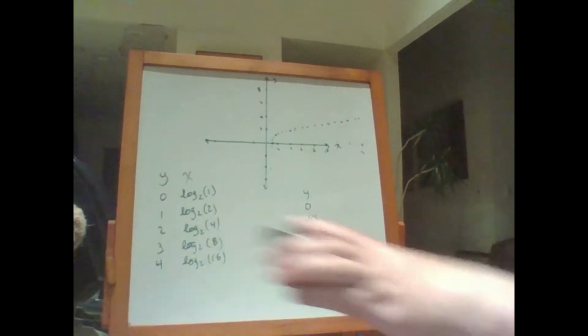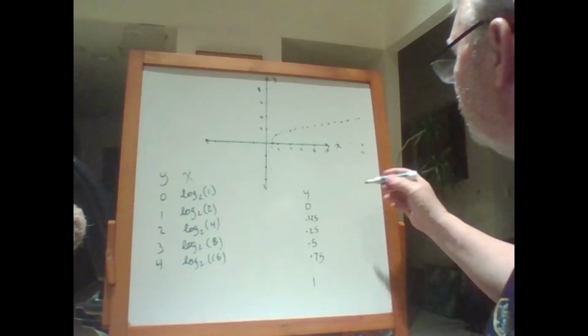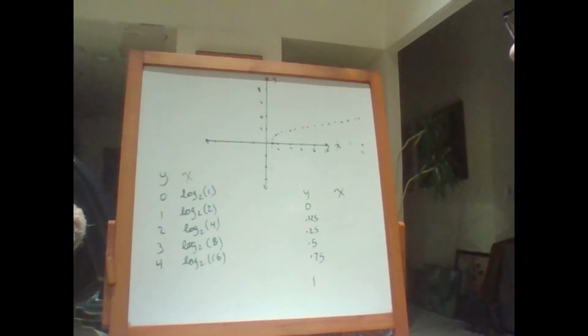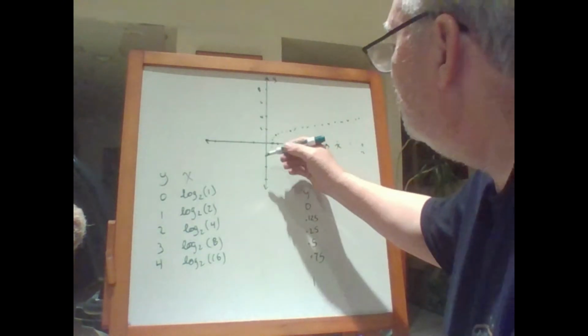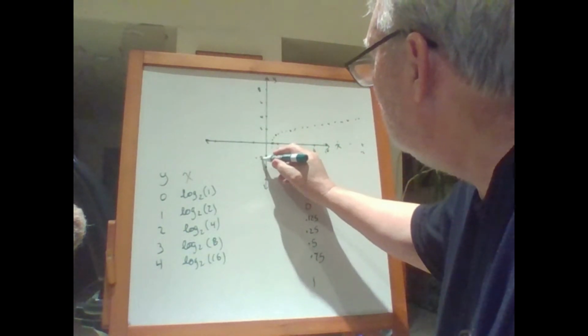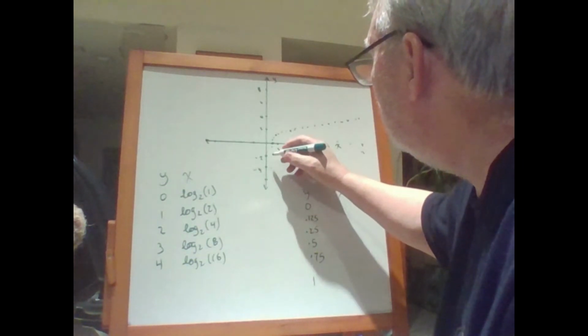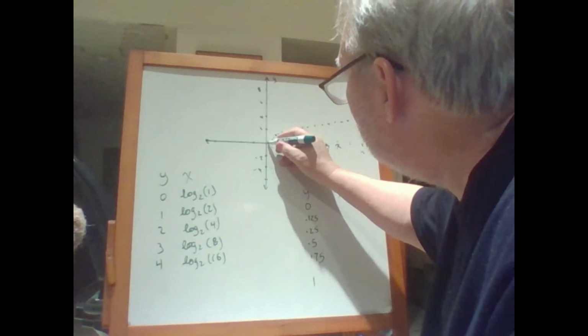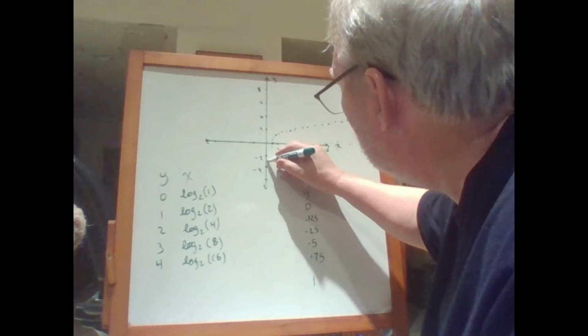So x is then, let's simplify our calculations by using the handy calculator. Log base 2 of 0.125 equals minus 3. So this is minus 2, minus 4, minus 3. So 0.125 would be really close to there.